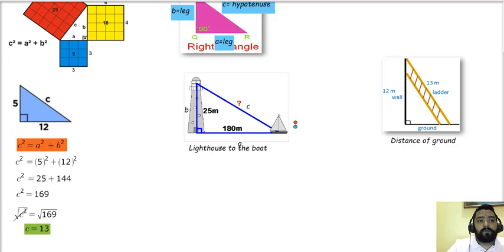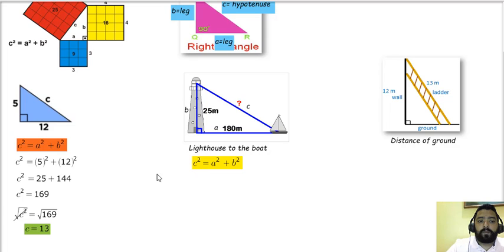The value for a is 180 meters, the value for b is 25 meters, and we are going to find the distance from the lighthouse to the boat. So c is the value that we need to find. We are going to take the Pythagorean theorem and solve it.